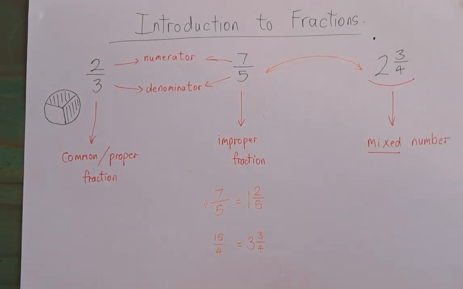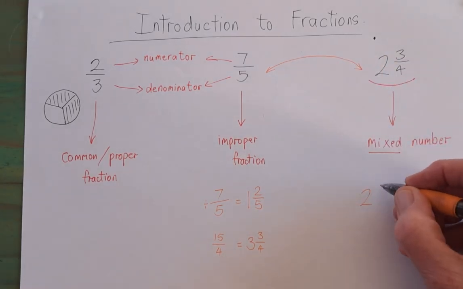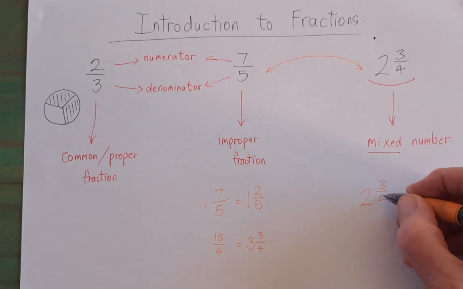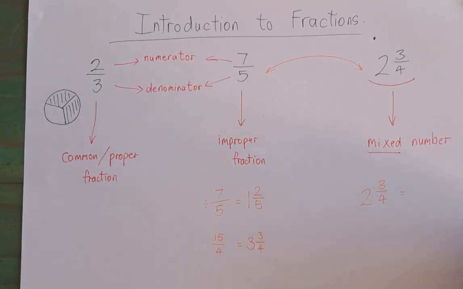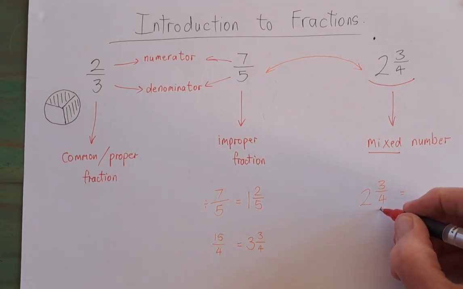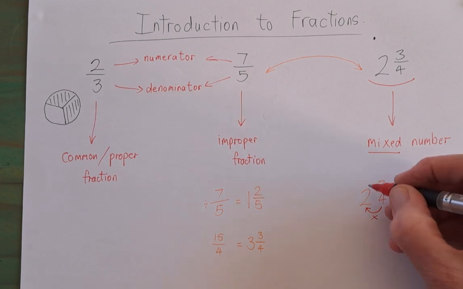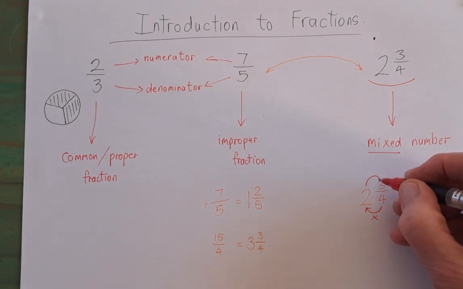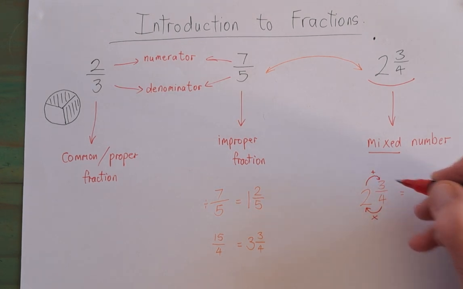So let's have a look at converting a mixed number into an improper fraction. Let's take the one that we've got first of all, 2 3/4. The way to remember to do this one is you're going to multiply the denominator by the whole number, and then to the answer you get, you're going to add on the numerator.